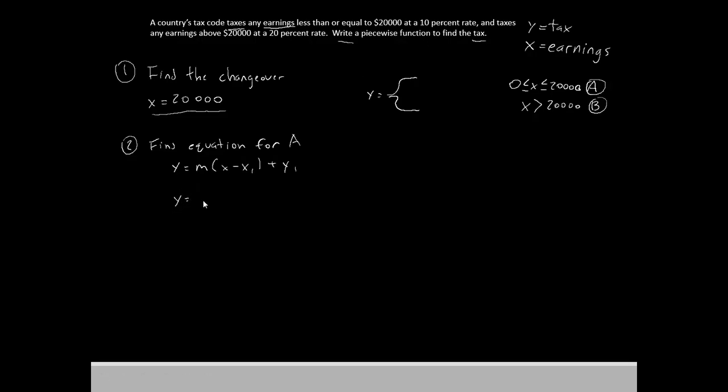So our m is 0.1. Now we don't have an x1 or a y1 mentioned in this problem, because they don't say anything about an initial value, so both of them will be 0. We'll have x minus 0 plus 0, or in simpler form, y equals 0.1x. We'll go ahead and put that right here in our piecewise function.